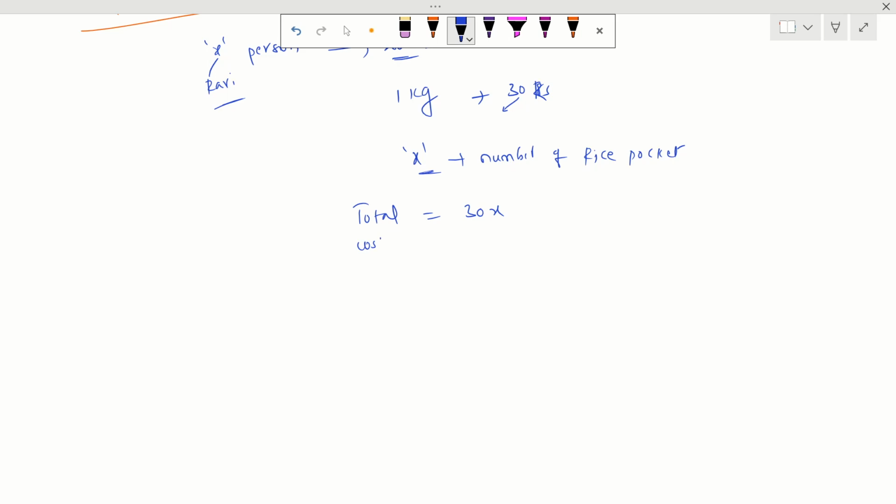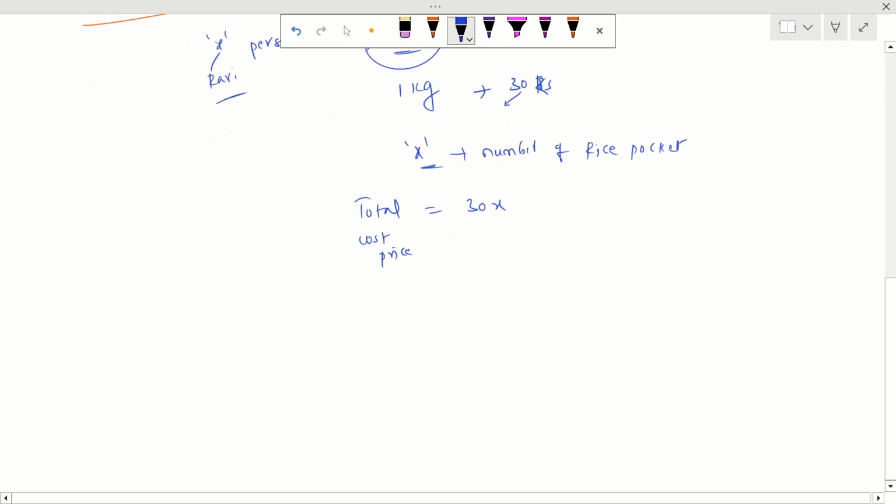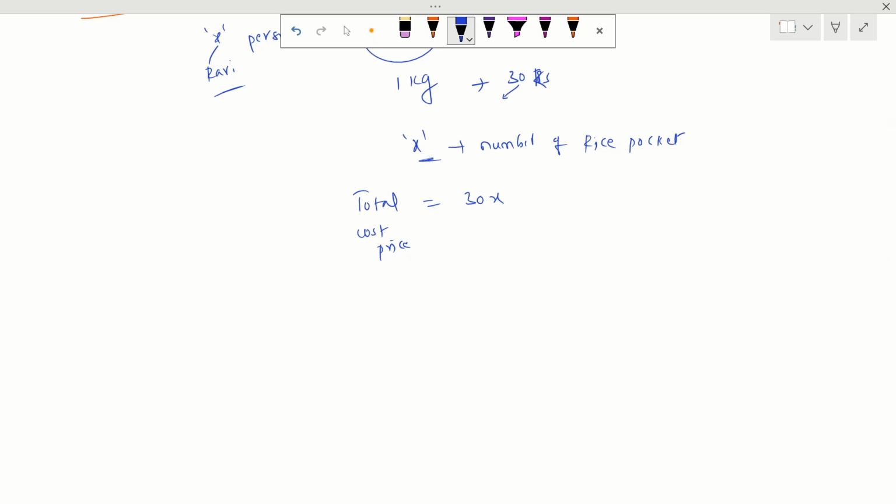So the total cost price is 30 into x. As I mentioned, he has 200 rupees. Within 200 rupees he has to purchase the number of packets, which means 30x is less than 200, right?